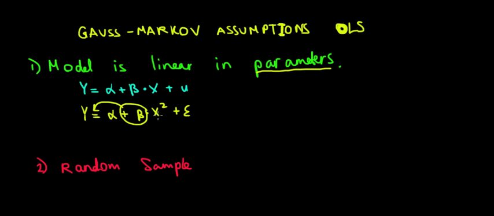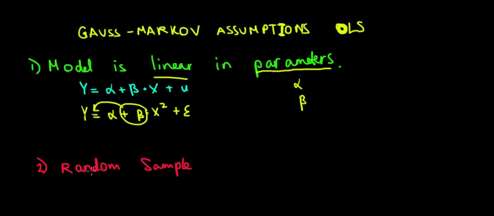We could have had ln of x, so a logarithmic effect, but the slope itself has to be linear. Alpha itself has to be just a constant, not alpha times beta, for instance, because in that case it's not going to be linear anymore. It's going to be a function of alpha taken with beta together. But anyway, that's becoming unnecessary. Keep in mind that the parameters we're referring to, alpha and beta, have to be linear.